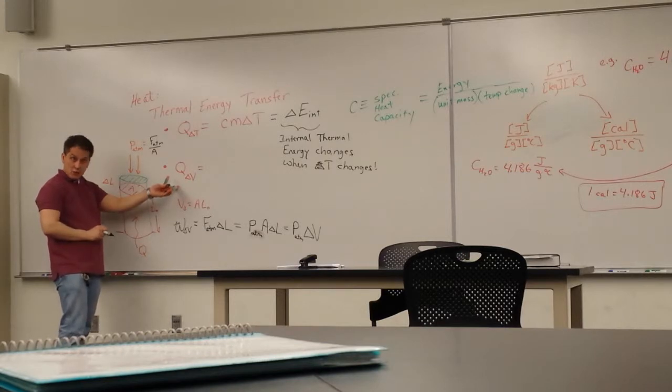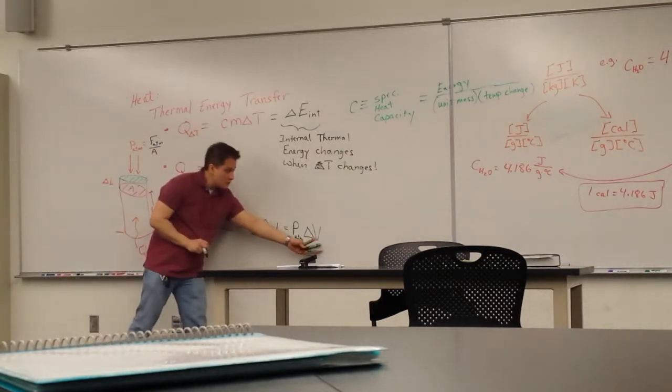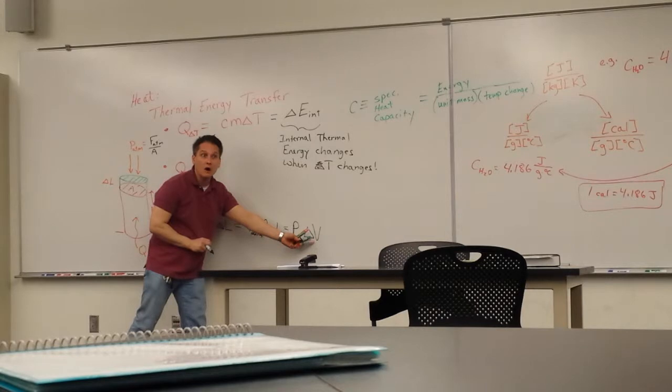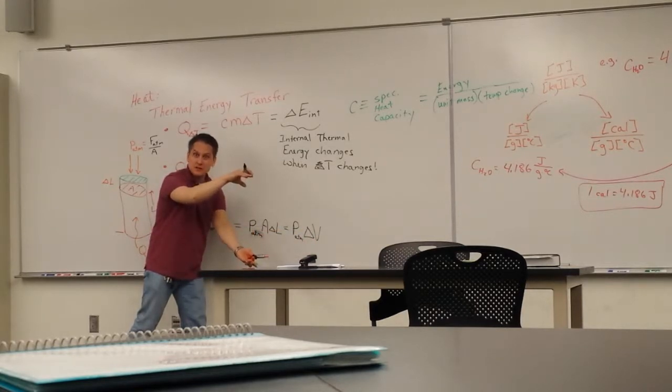Heat associated with volume expansion or compression. Here's your volume expansion or compression. It corresponds to the work the system exerts on its environment. It's how much work it does to push against the atmosphere physically in order to expand.